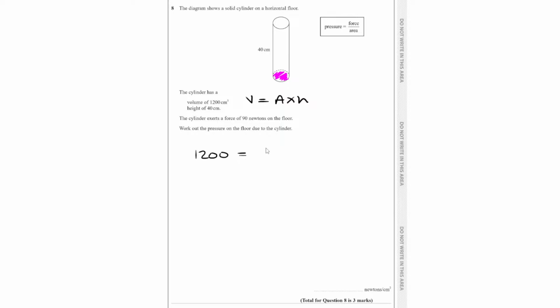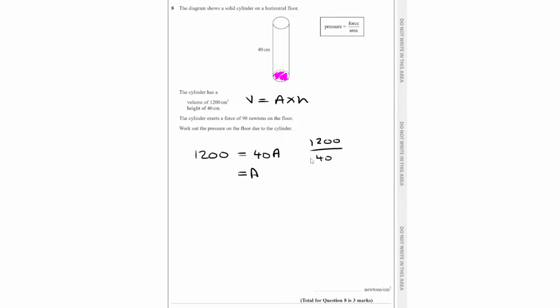I know that I don't have the area, but I know the height is 40, so that's 40 times by the area. Do you see how to find the area? I would just need to divide by 40. I'd need to reverse the volume formula. So what we want to do is 1,200 divided by 40. Now, again, you can use bus stop if you want. In this case, because I know that I'm kind of looking at a 12 and a 4, I'm probably just going to think of it as a fraction.